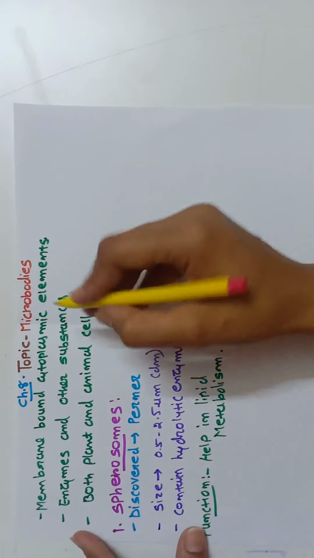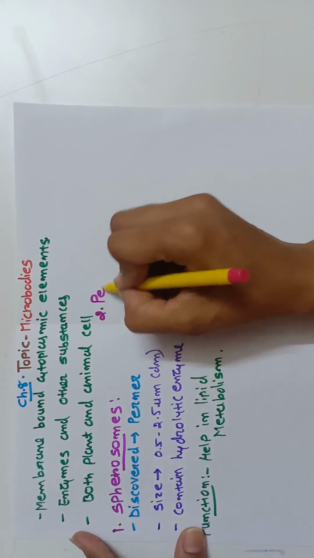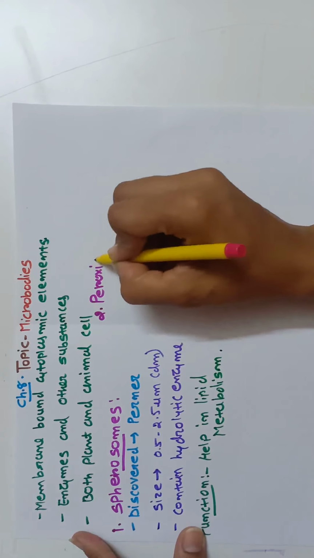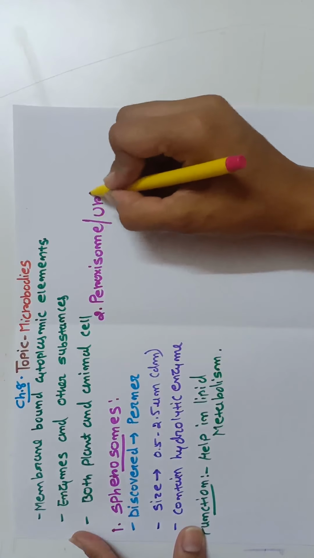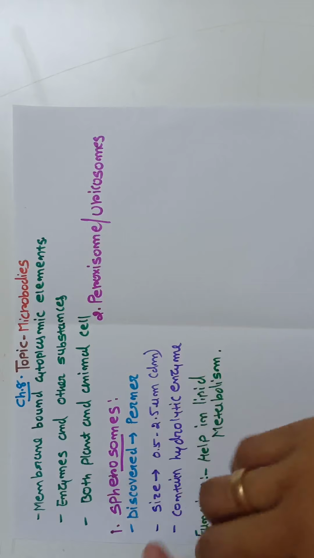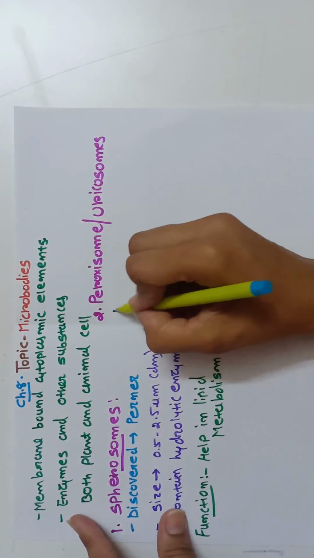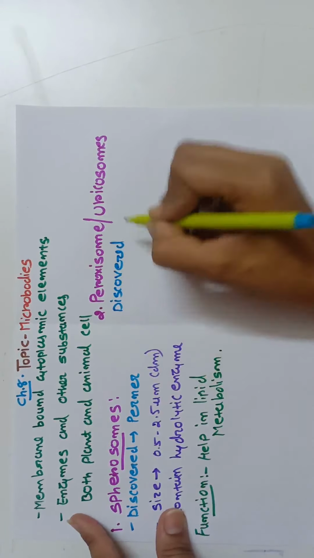Now we discuss the second microbody, and that is peroxisome or uricosomes. It was discovered by Talbot in 1969.